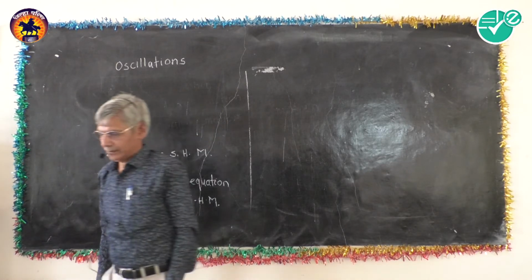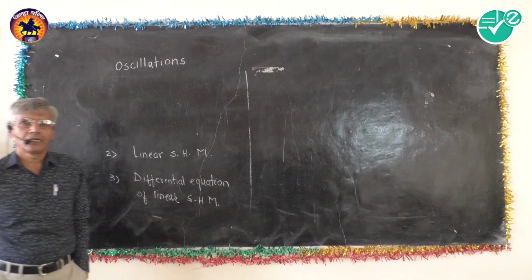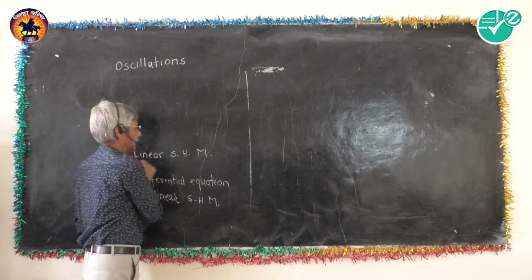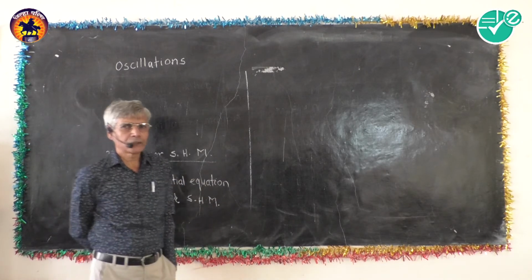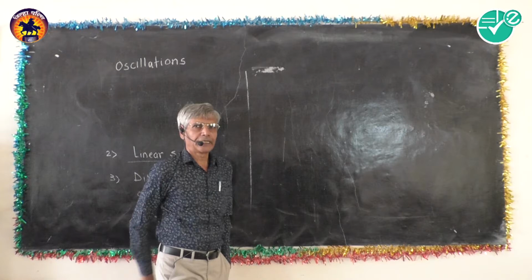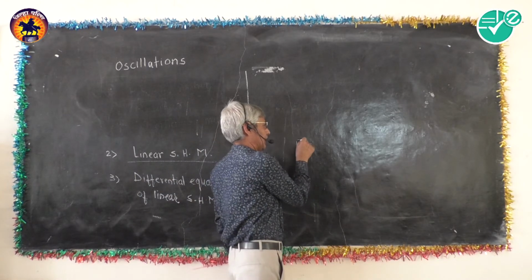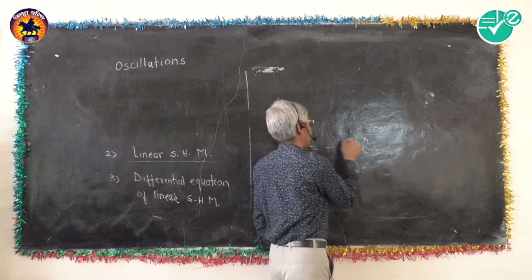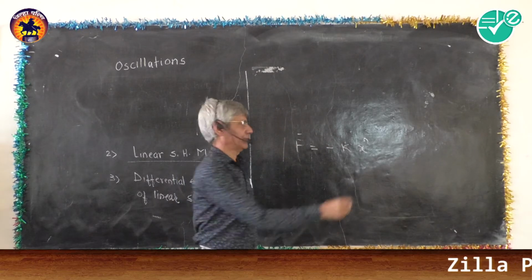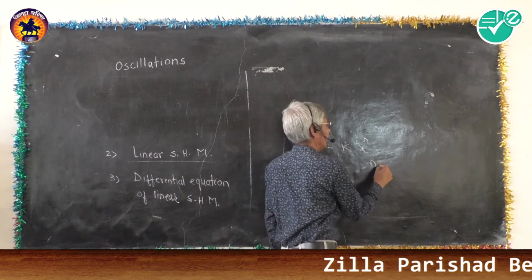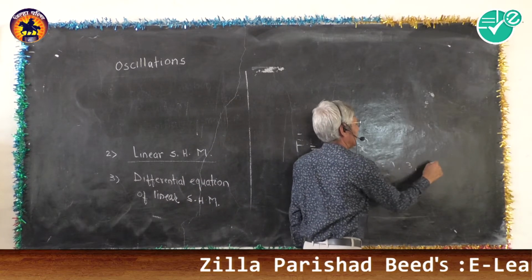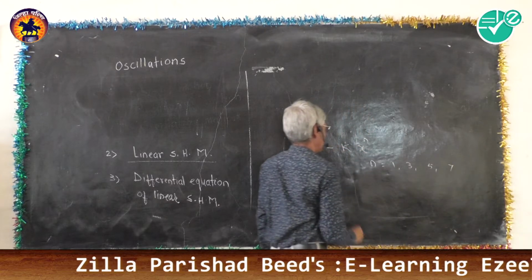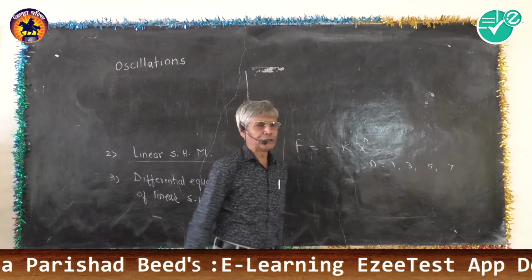Now we will discuss one special type of the oscillatory motion, that is linearization. The oscillatory motion can be represented by the equation F equals minus k x raised to n, where n has value 1, 3, 5, 7 and k is positive constant.